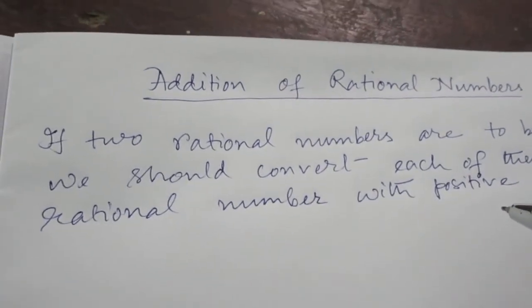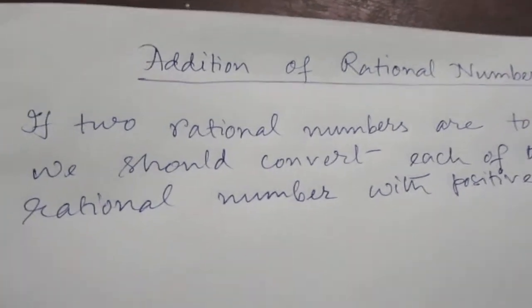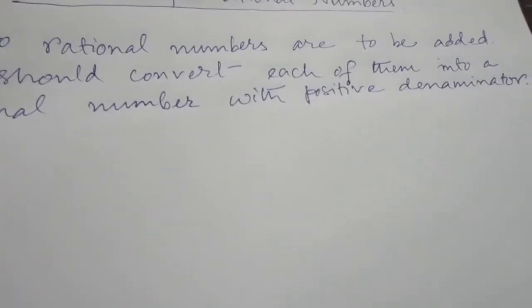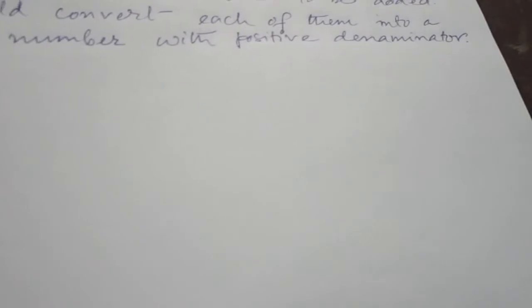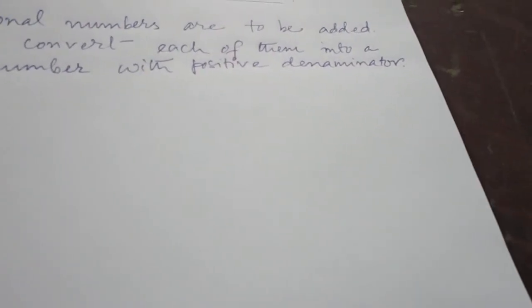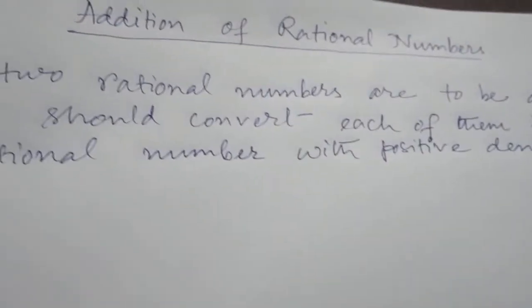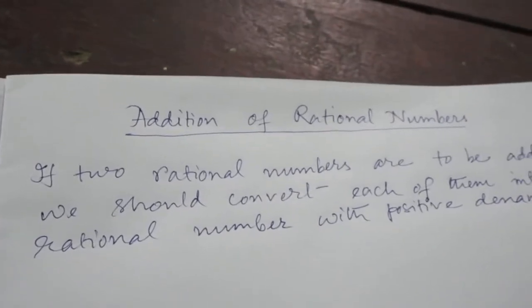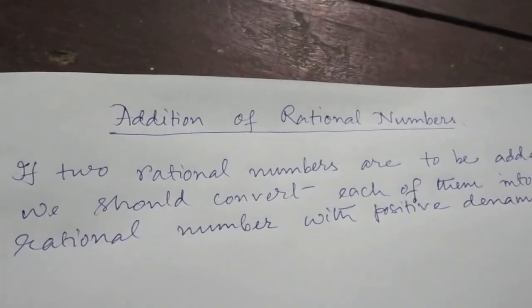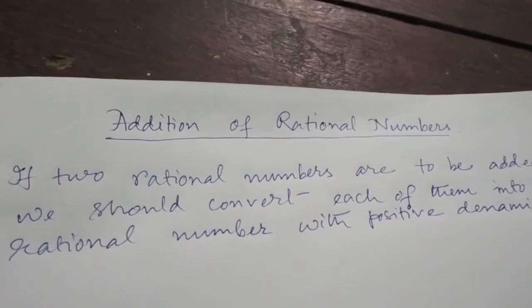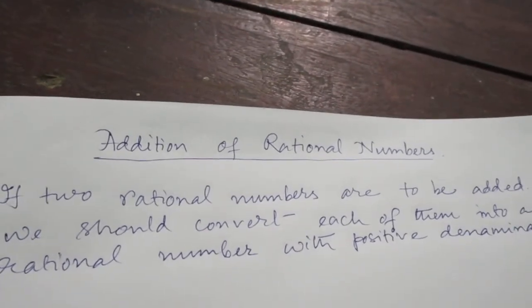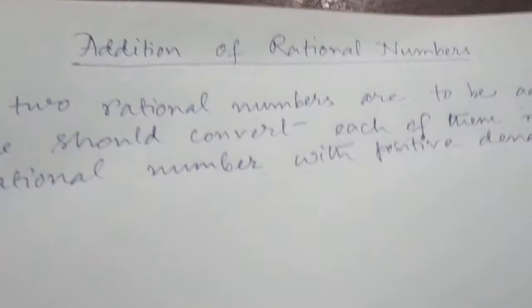In the last class we have completed what rational numbers are, comparison between rational numbers, how to write a rational number in the standard form, and how to arrange rational numbers in ascending and descending order.